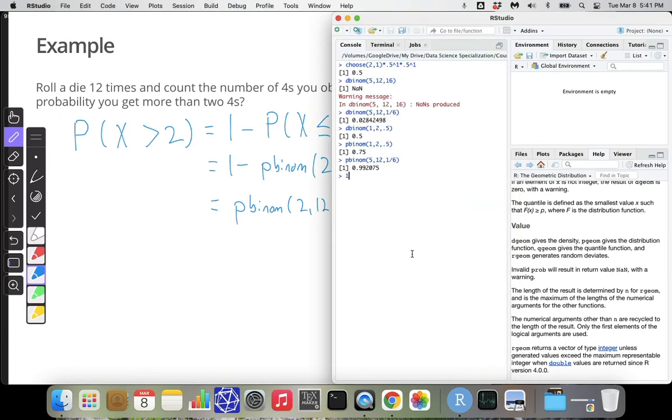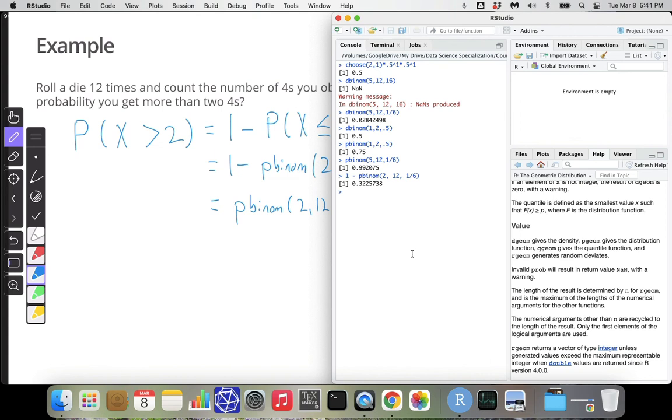So if we do 1 minus pbinom 2, 12, 1/6, you get about a 32% chance. So that means that there's about a 32% chance you'll get more than 2 4s if you roll a die 12 times.